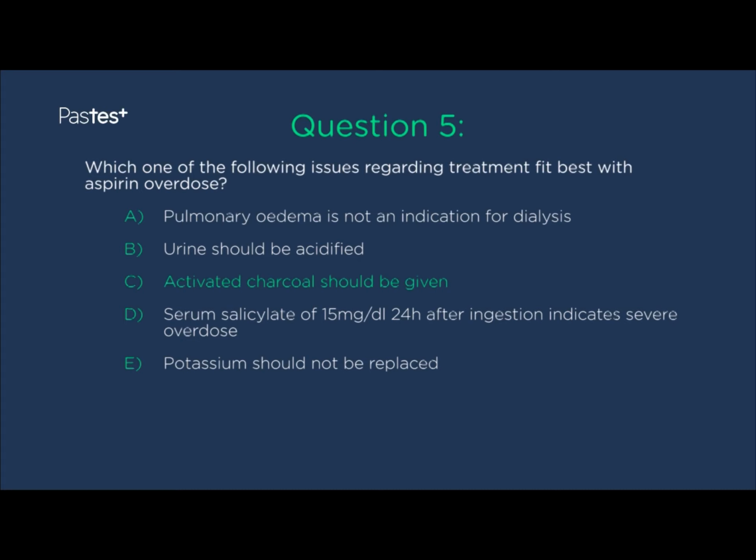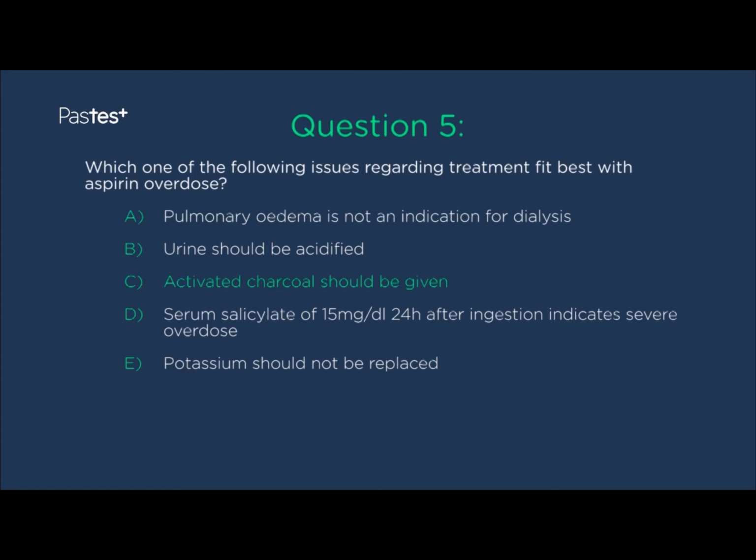If your level was between 400 and 700, you would use alkaline diuresis, not forced alkaline diuresis, because forced alkaline diuresis can cause pulmonary edema, but alkalization of the urine would be a better term. If it was greater than 700, you would use, in this case, hemodialysis.